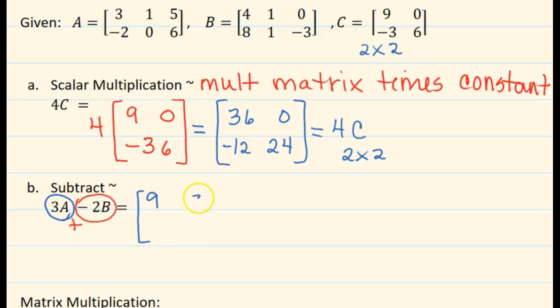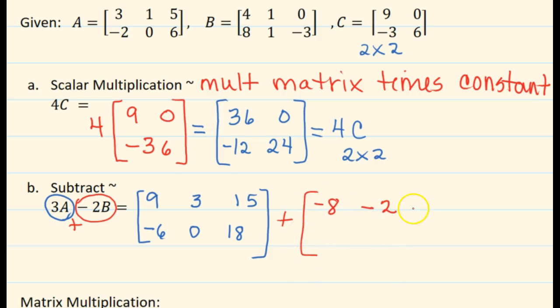So I get 9, 3, 15, negative 6, 0, 18. Then I'm going to get everybody in B, and I'm going to multiply by a negative 2. So I'm going to get negative 8, negative 2, 0, negative 16, negative 2, and positive 6.